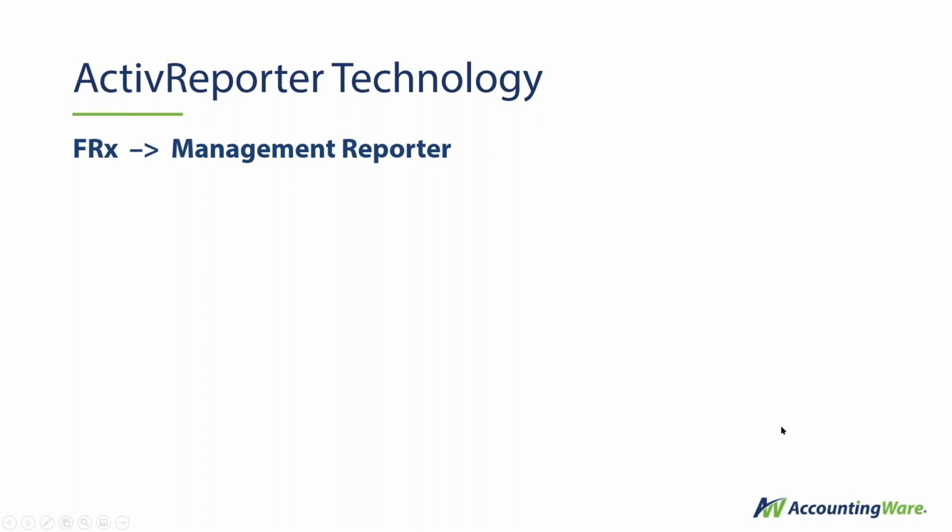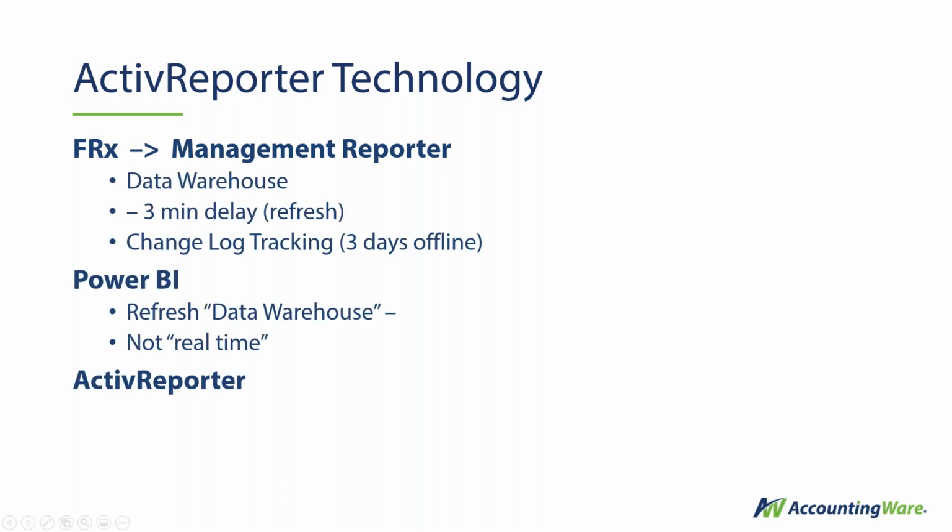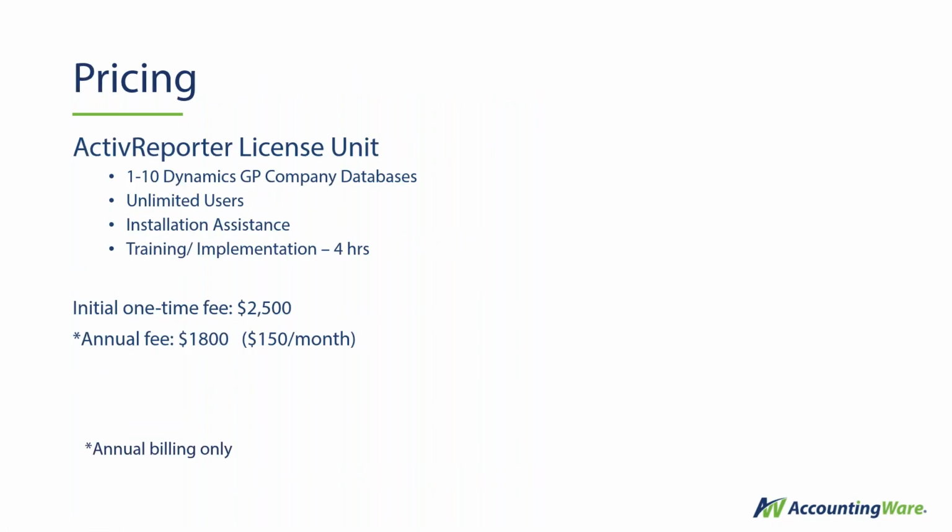Now, I'm going to skip this slide and look at the costs here. ActiveReporter is sold in licensed units of databases. So if you have from 1 to 10 GP databases, like you could have 4 databases and 2 test databases, that would be underneath the 10 limit.